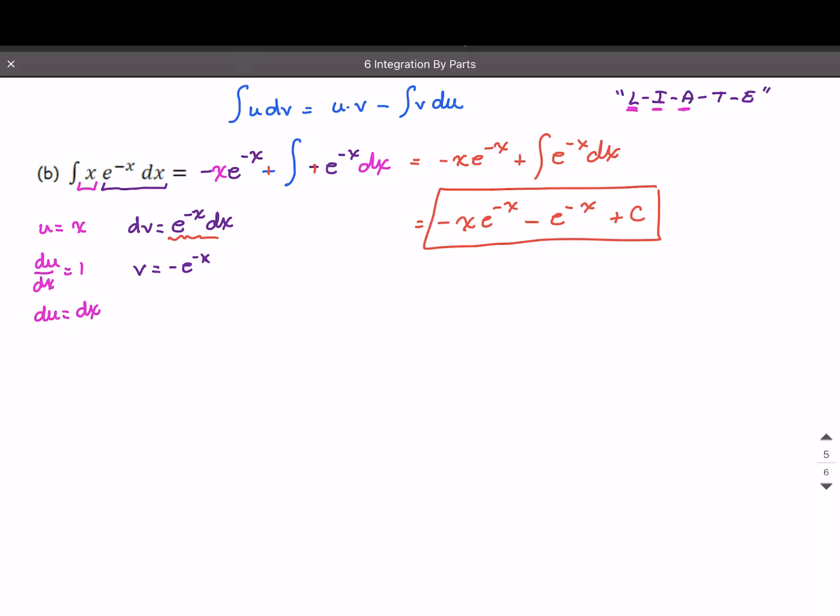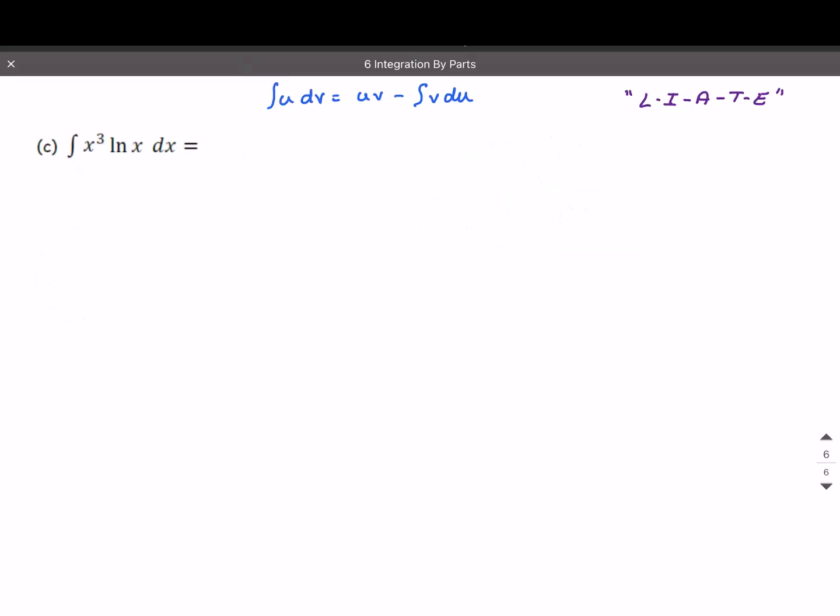Let's try one more. Okay, so we're looking at our function. Do we have a log function? Ooh, yes, we do. So our u this time is the natural log of x, and du dx, the derivative of natural log of x, is 1 over x, which means that du is 1 over x dx.